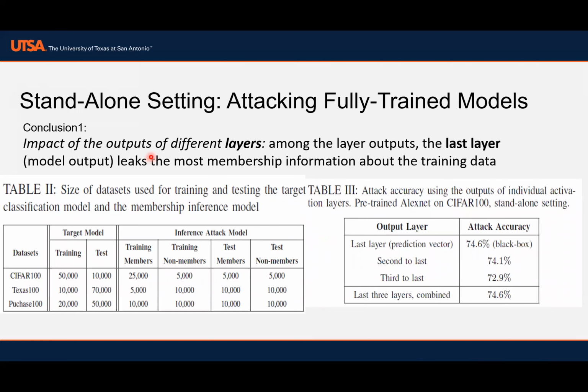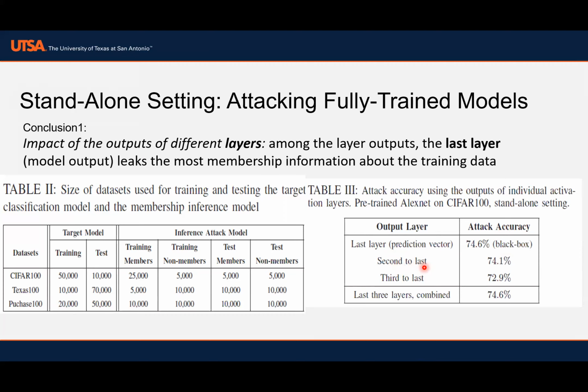In the standalone setting, attacking the pre-trained models, we can see from table 2 and table 3, if we use the last layer, the attack accuracy would be higher than the second to last layer.